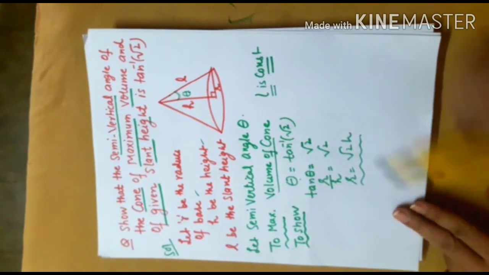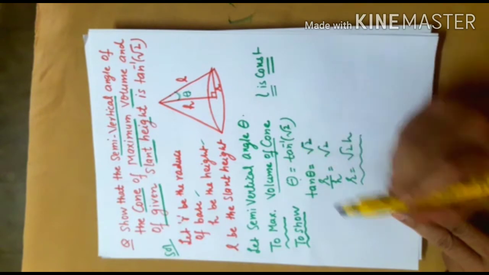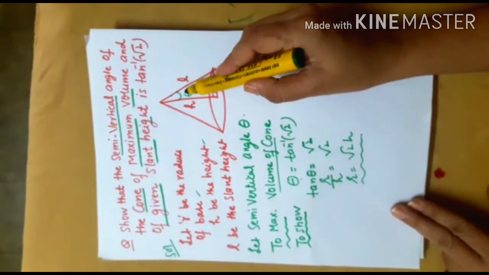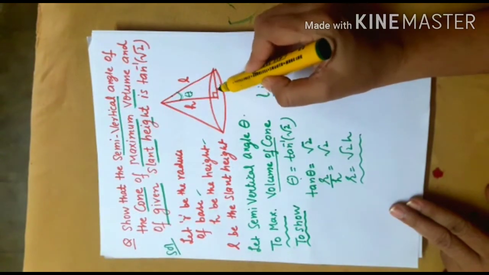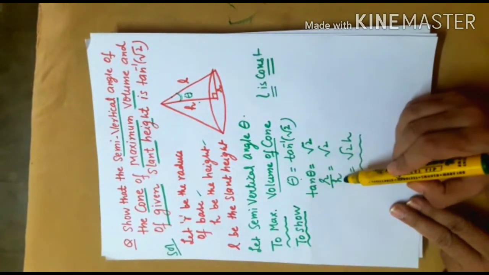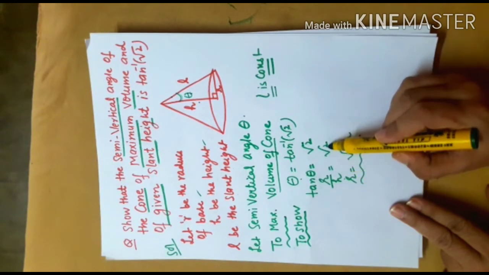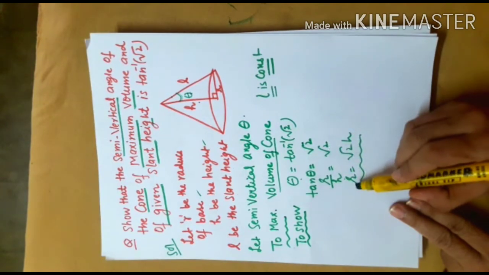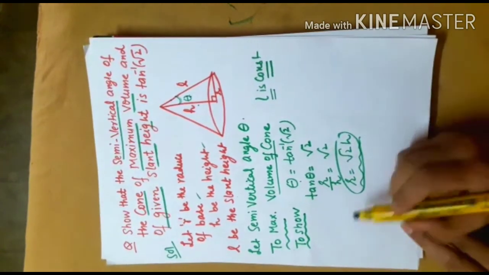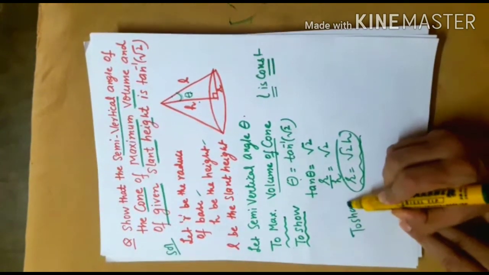This implies that tan theta is root 2. For this angle theta, this is the perpendicular and this is the base, so tan theta is r over h equals root 2. So I need to show that r is equal to root 2 times h.